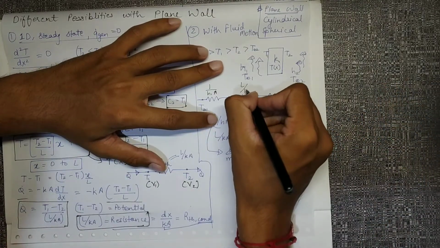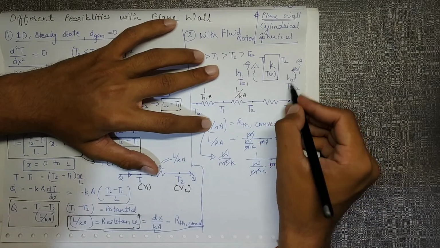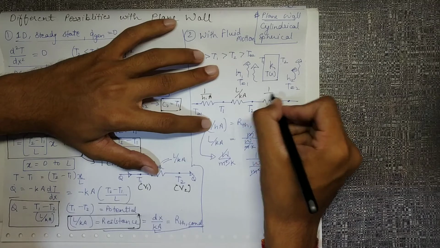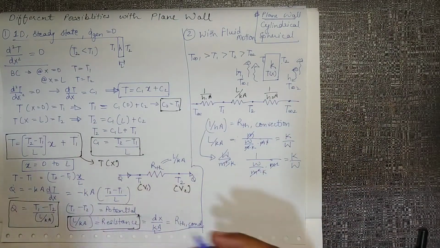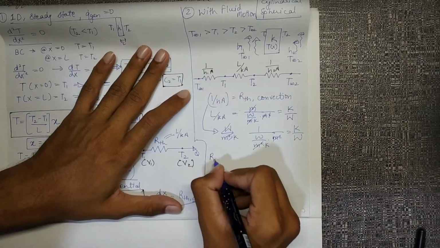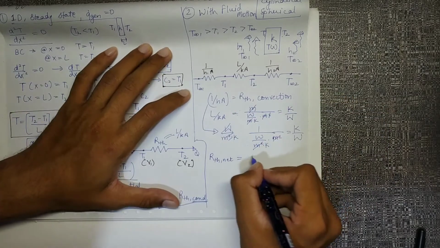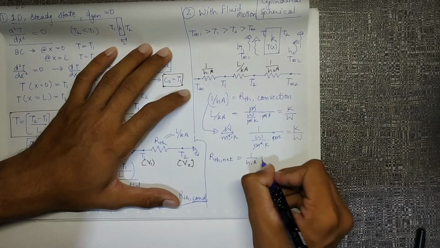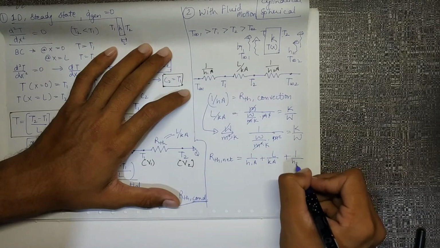And for this one again there is convection between temperature T2 and the fluid, hence this will be 1 by H2A. Now we'll write the net resistance, which are in series. Net resistance R_TH net will be the addition of all, so it will be 1 by H1A plus L by KA plus 1 by H2A.